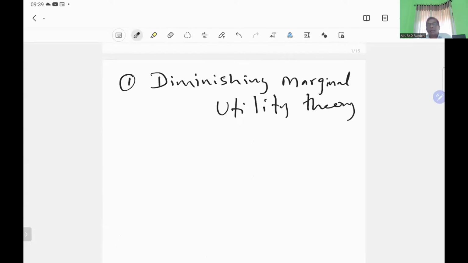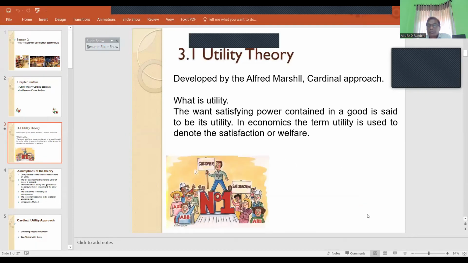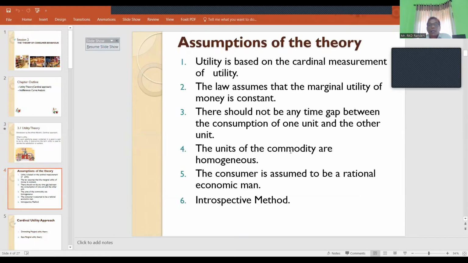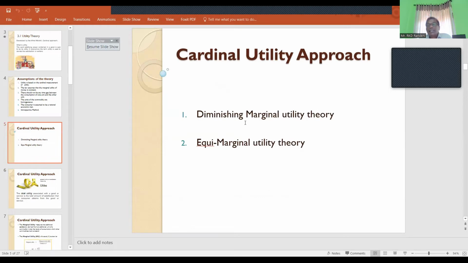You can refer to the handout, or see the PowerPoint presentation. These are the assumptions. Under those assumptions, we can discuss two theories.